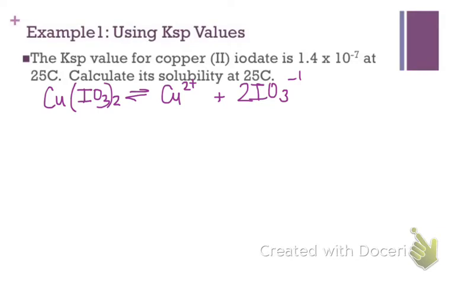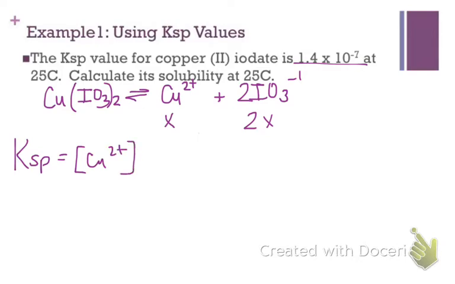All right, so you have copper iodate. It's going to break apart into one copper ion and two iodate ions. So for every one of those, you get two of those. When we think about Ksp, which is given to us, that's going to be equal to the concentration of copper ions times the concentration of iodate ions squared.